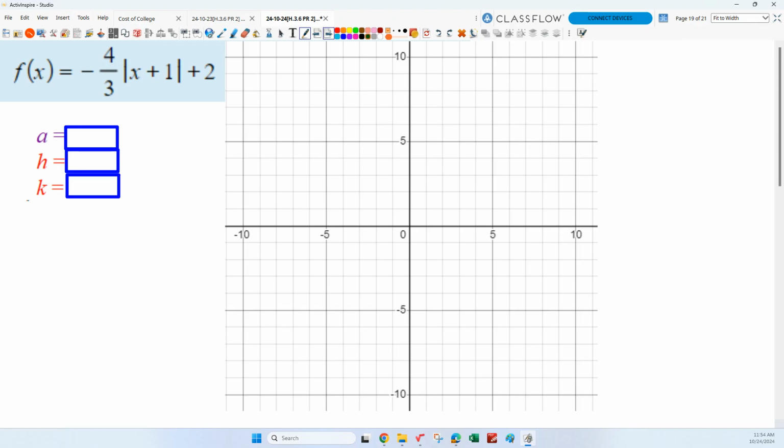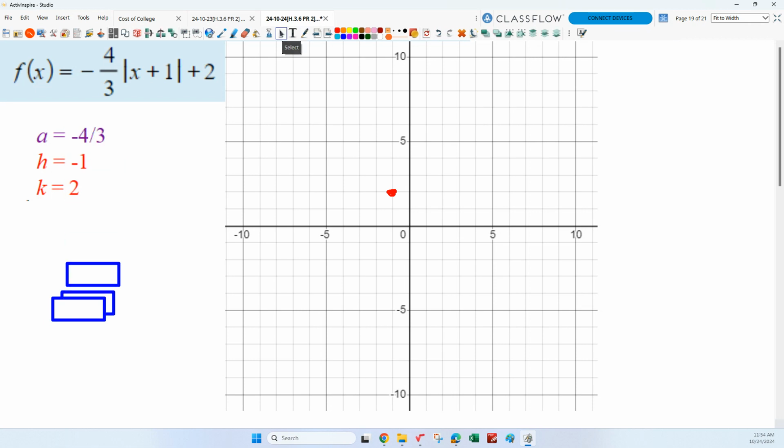Okay, what about that guy? That's a little trickier. Where's my vertex? Negative 1, positive 2. Negative 1, 2. Good. So we locate the vertex, negative 1, positive 2. What's a? Okay. So how am I going to find another point? My parent graph would normally, what would be a convenient height to multiply by negative 4/3? 3.